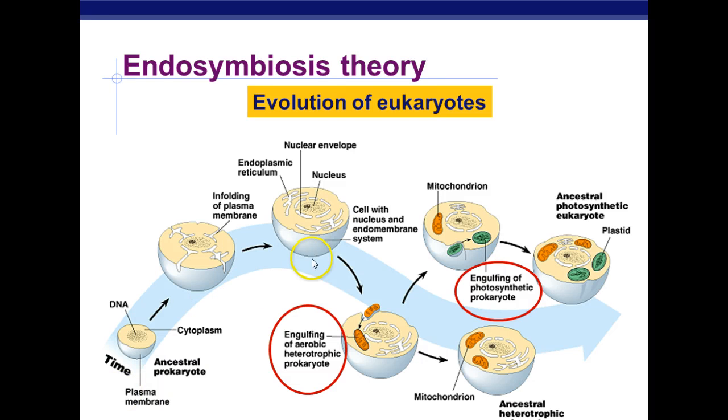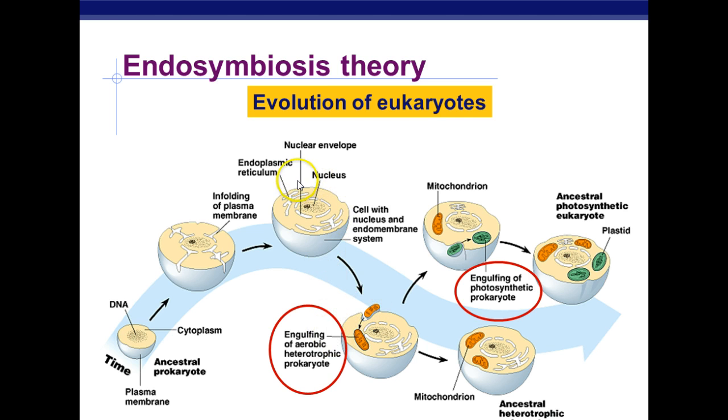In step 4A, label it as 4A, we see this cell engulfing the aerobic heterotrophic. All right, so we're down here engulfing the aerobic. Aerobic means oxygen, it uses oxygen. Aerobic heterotrophic prokaryote. Now remember, heterotrophs don't make their own food. They've got to seek their food elsewhere. So in order for this mitochondria to produce energy, it's got to find organic molecules outside the cell.